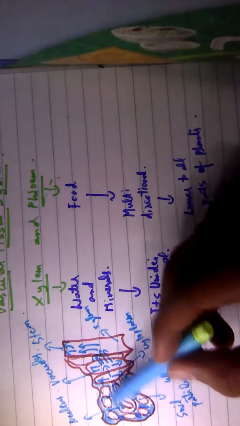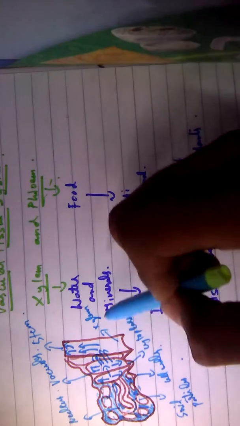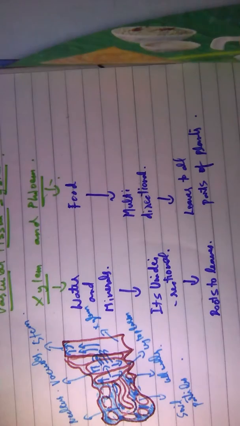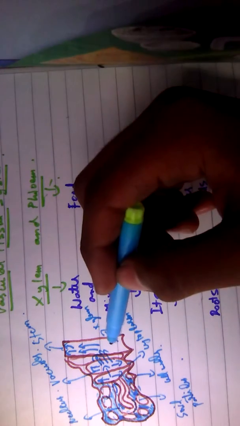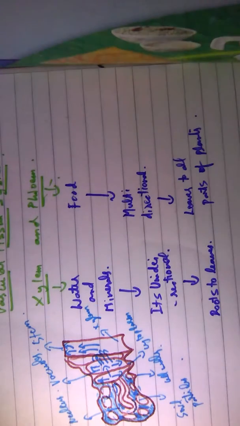From that, roots absorb water, and after absorbing it, it goes into the vacuoles and cell walls, connects to the xylem, and the xylem goes into the stem, which then transports water to every part of the stem.